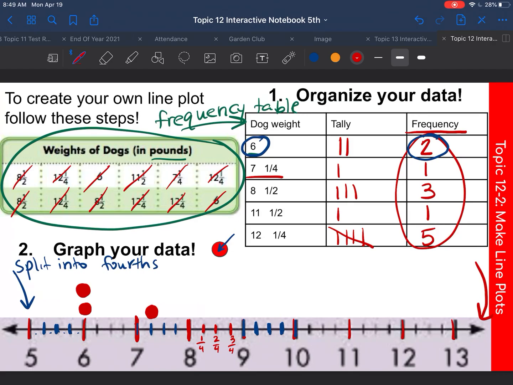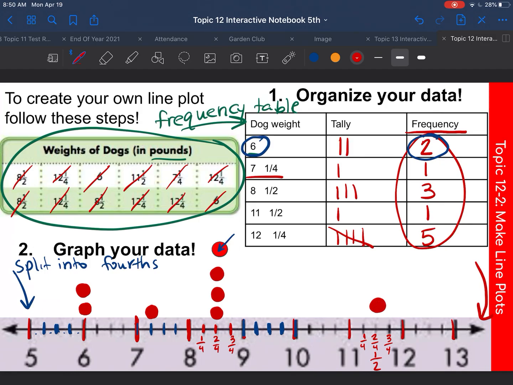So we put 3 dots above 8 2/4, which is the same thing as 8 1/2. Okay. 11 1/2, the same thing. We have 11 1/4, 11 2/4, 11 3/4. So this is the same thing as a half if we simplify it. So we put 1 dot above 11 1/2.